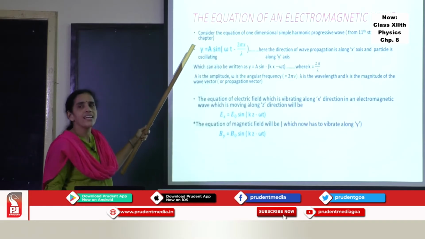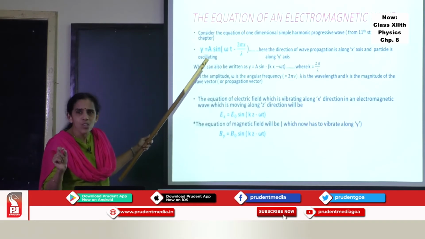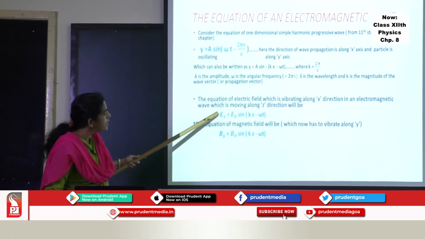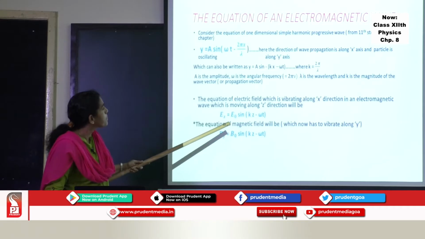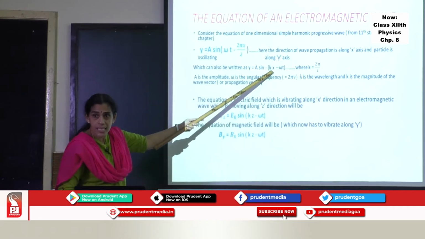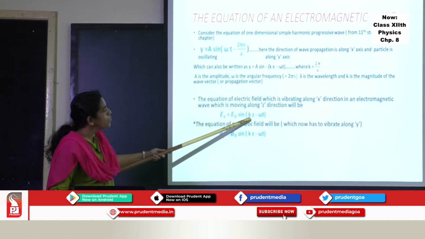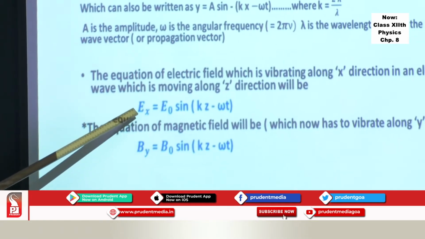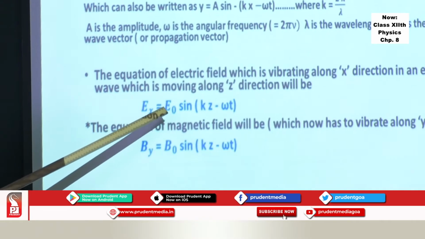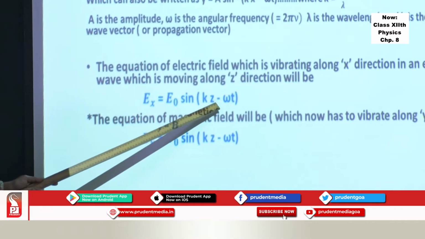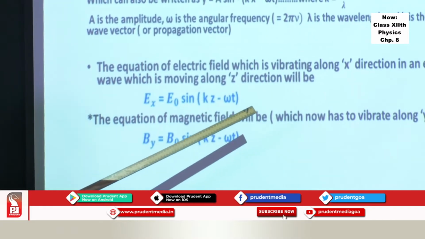Here we are taking that the electric field is oscillating along the x axis. That is why Ex. Here the wave is moving along the x axis, there the wave is moving along the z axis. The formula is Ex = E0 sin(kz minus omega t).